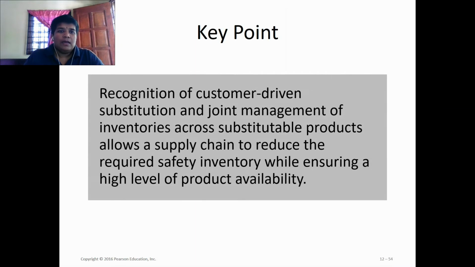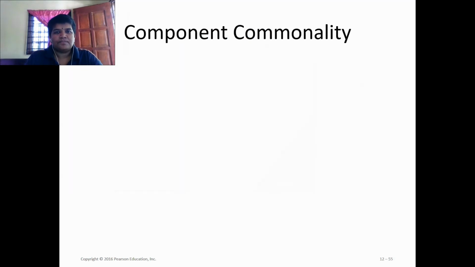Whereas recognition of customer driven substitution and joint management of inventory across substitutable products allow a supply chain to reduce the required safety inventory while ensuring a high level of product availability. So in this section we have two driven substitutions: one is the manufacturer, one is the customer.